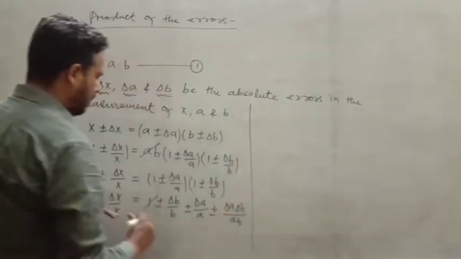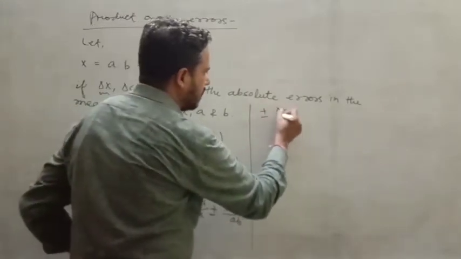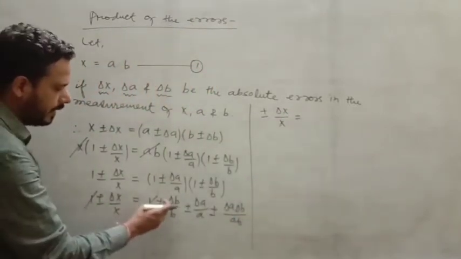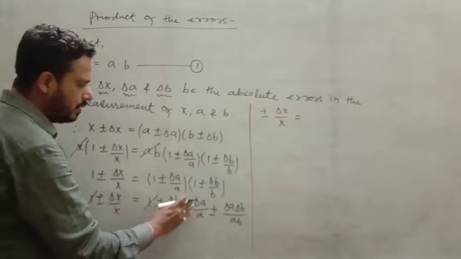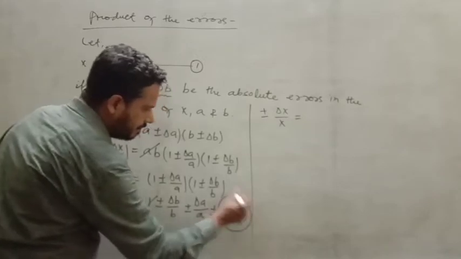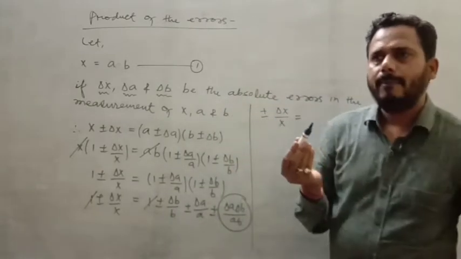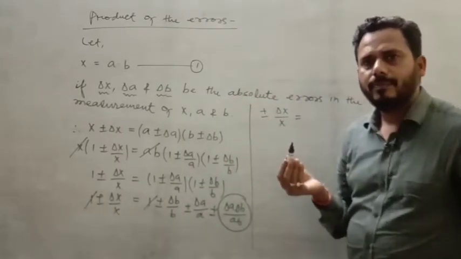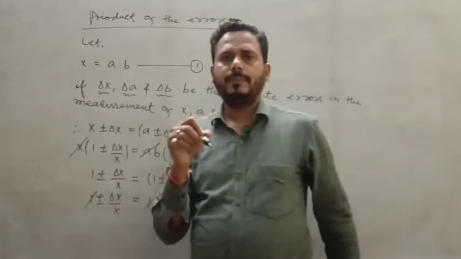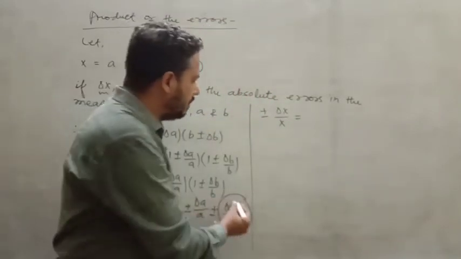Then what you have is plus minus delta x by x, and this is equal to delta b by b, no issue, delta a by a, no issue, but observe the last factor: delta a by a times delta b by b. Delta a is a very small number, like 0.0 something, and b is also like that.